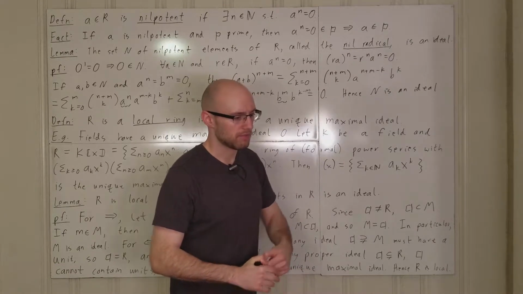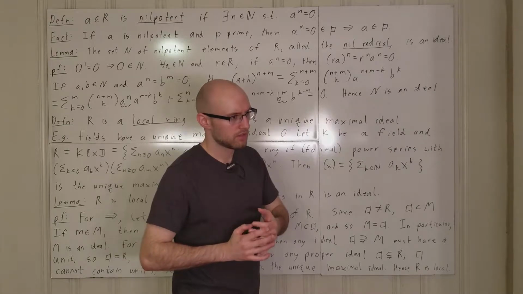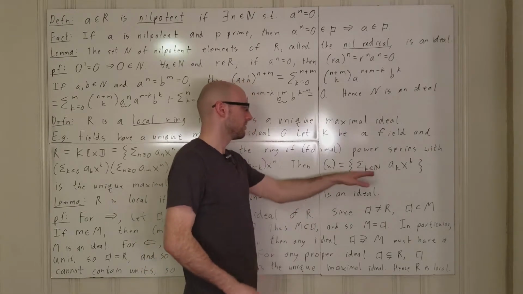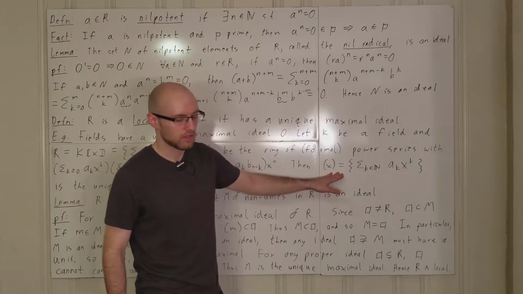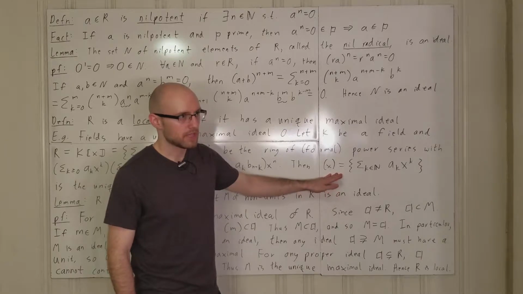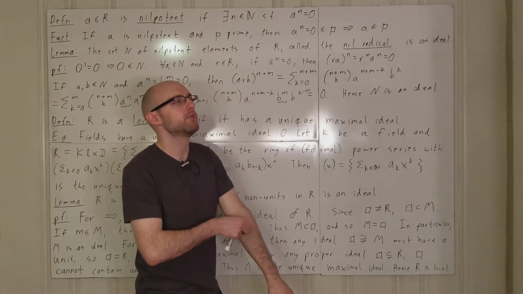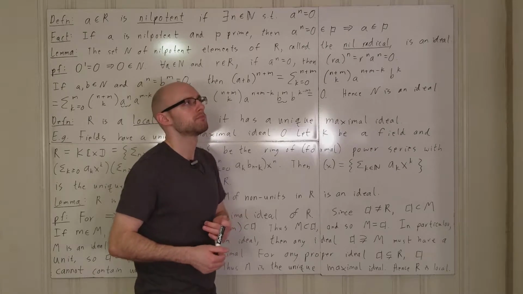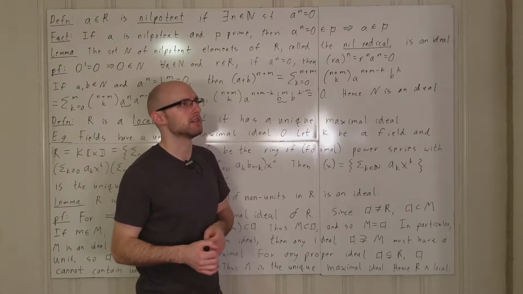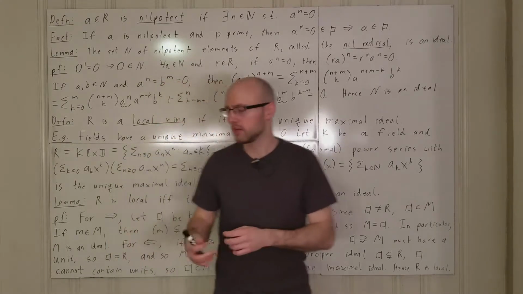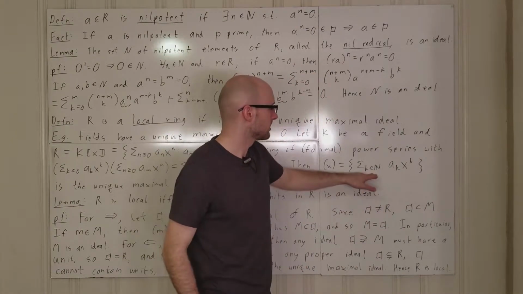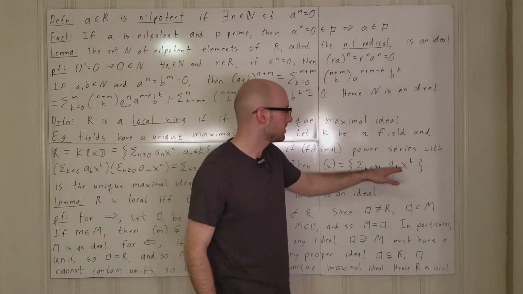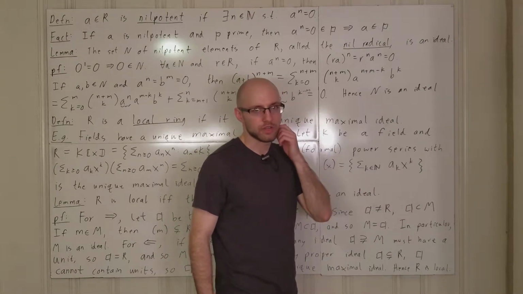So you might have to fill in a few more details there, but this is certainly an ideal. And it's maximal because if you were to add anything into it, the only place you could add it from would be a term that corresponds to k equals 0, so it would just be some constant in the field.